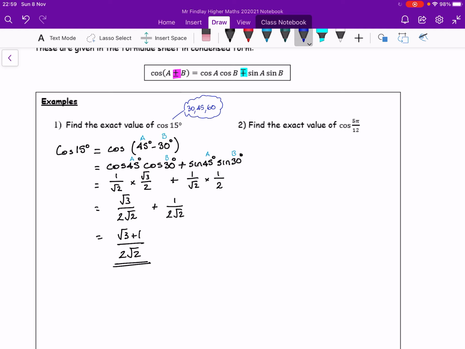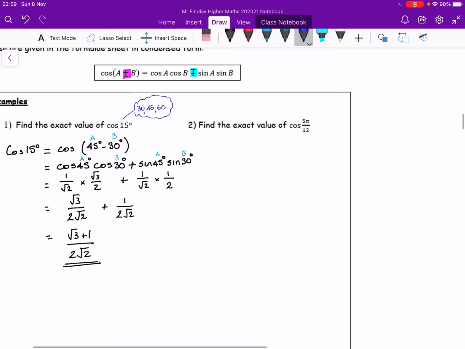Okay, next one, again, what we're going to look to do, I'm going to just convert 5 pi over 12 into degrees just to start with. So I'm not changing the size, I'm just changing it by 1, and therefore 180 over pi. The two pi's will cancel, and 5 lots of 180 all over 12.